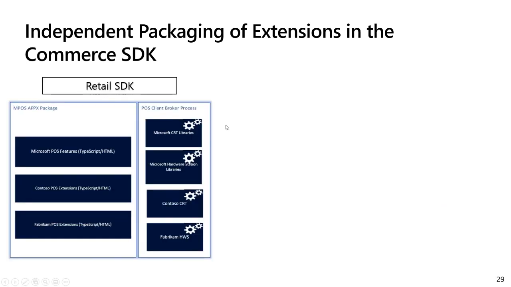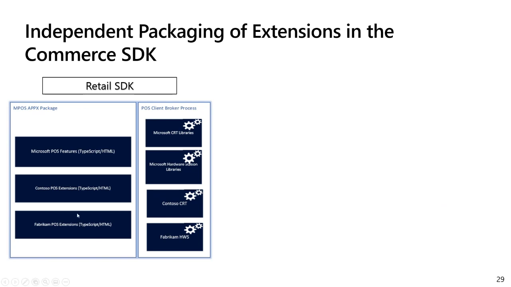And then the last and the biggest change with the Commerce SDK is the packaging model as well as the developer experience. In the left diagram here, we see what we had with the legacy retail SDK, where all of the Microsoft code as well as extension code was packaged into the same AppX package.